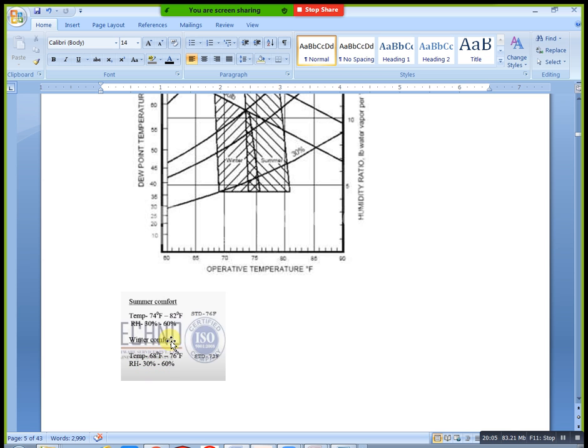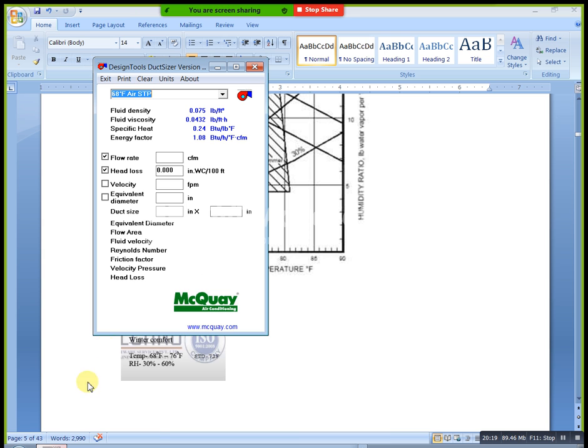Based on that, you can select your comfort range: 75 degrees air and relative humidity 50% at 1 atmosphere. Okay, you can select this one.